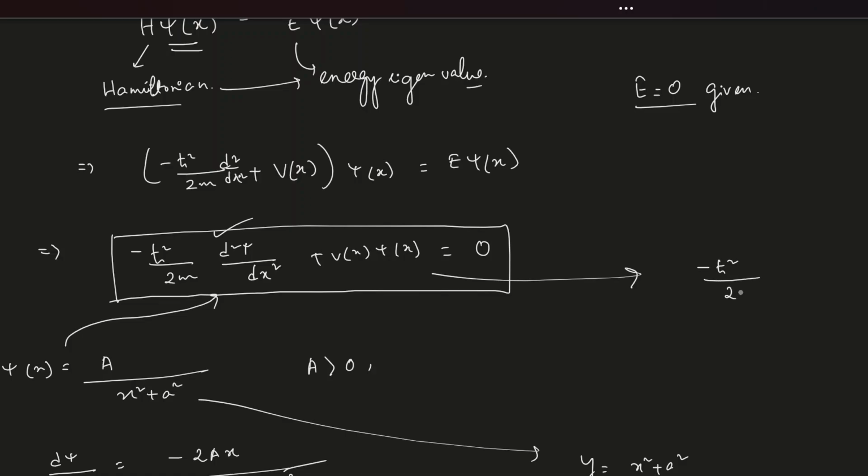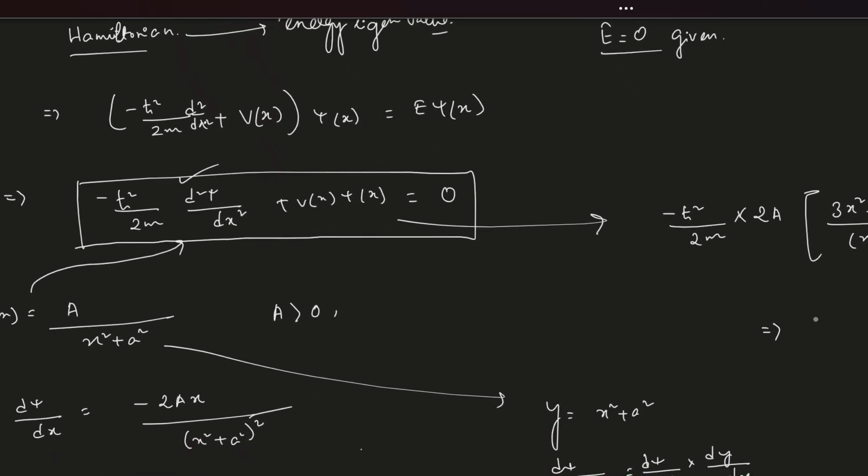Now you have minus h cut squared by twice m, d2 psi dx2 is 2a times 3x squared minus a squared divided by x squared plus a squared whole cube, plus vx into psi x, whose value is already given, a by x squared plus a squared. Now the right hand side is 0, right? So you take vx to one side and put all the terms on the other side. So this minus becomes plus going to the other side.